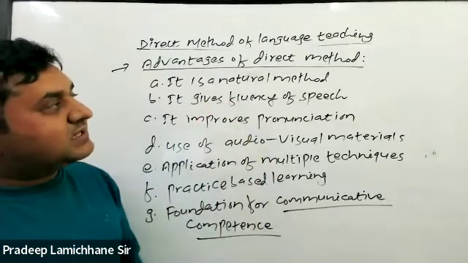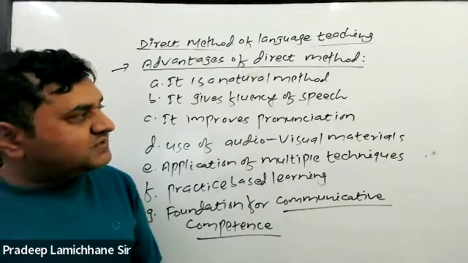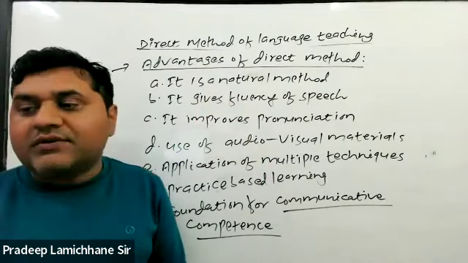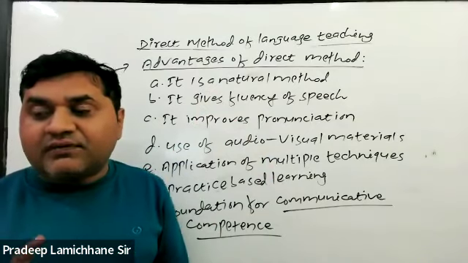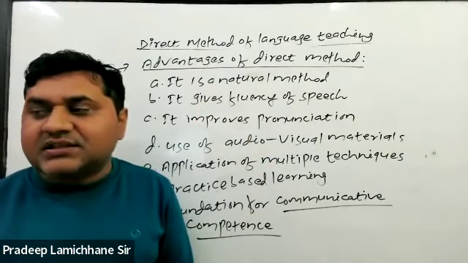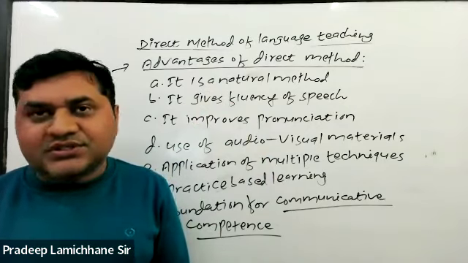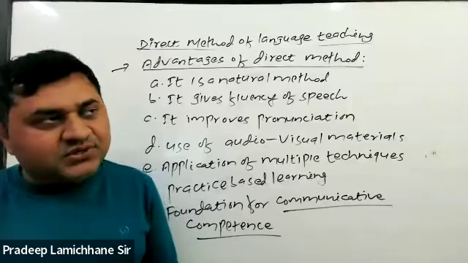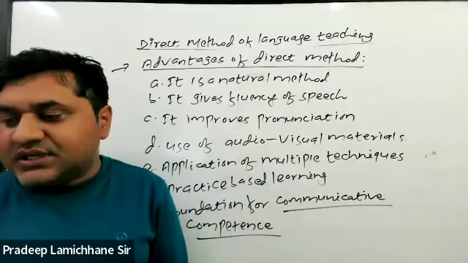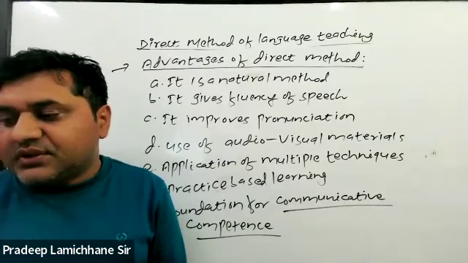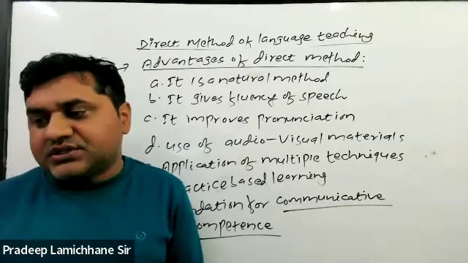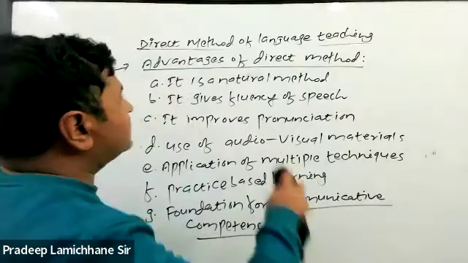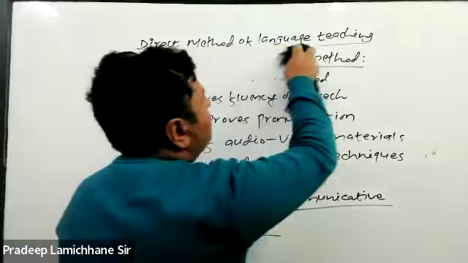And the next thing is that the direct method gives priority to fluency of speech, and you learn the real language instead of knowing the rules of language. Instead of understanding the structures of language alone, you learn to use language in real situations. That's why there is possibility of use of language in real situations, and application of language learning both inside and outside the classroom.